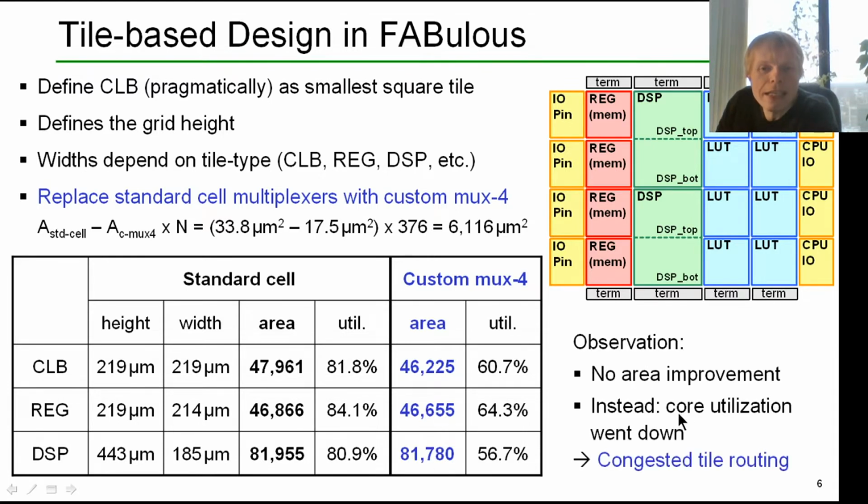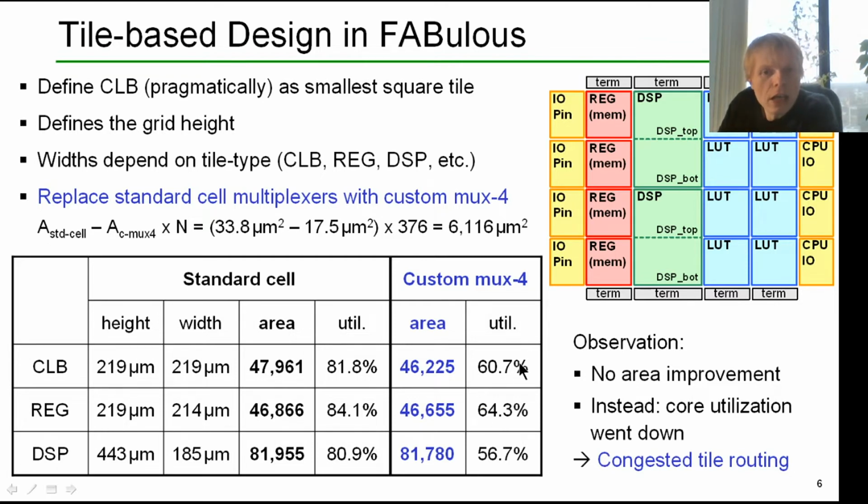What we see instead is that the core utilization goes down. The core utilization is within the area allocated for our CLB, how much of that area is actually used by standard cell or custom cell elements.